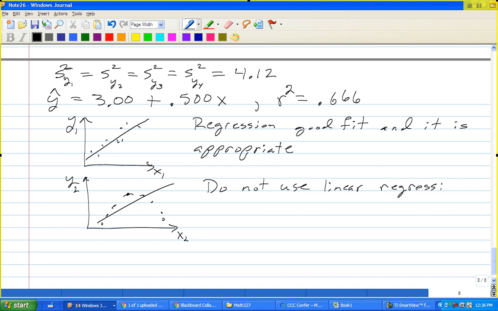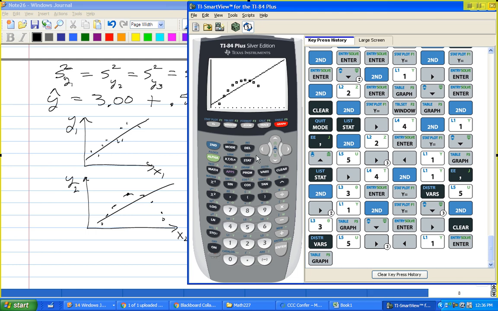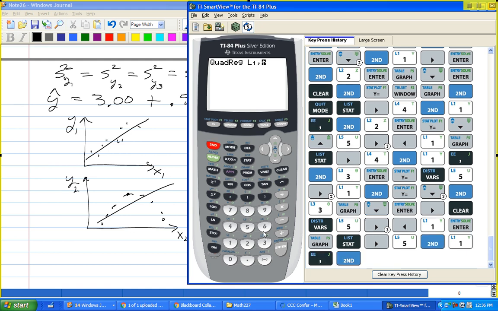That regression line is really quite inappropriate. What you probably should have done is quadratic regression. If I would have done some sort of quadratic regression, it should have gone along something that looked quadratic.